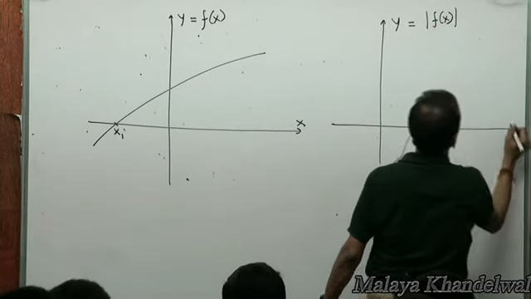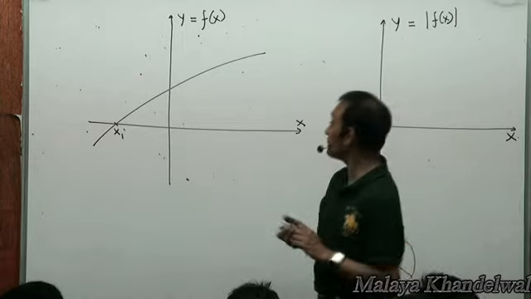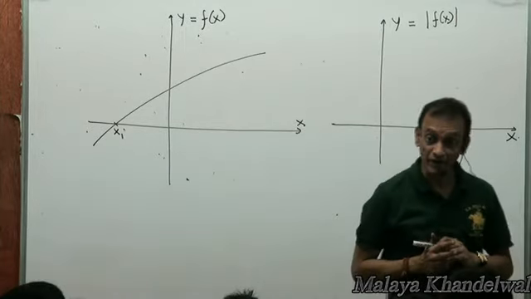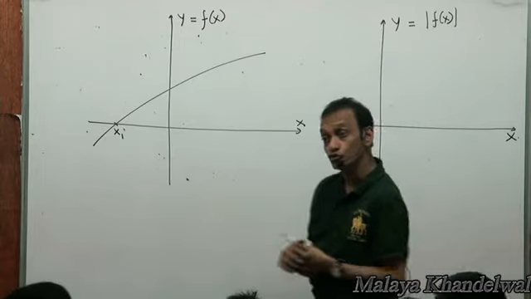I now want to be able to draw the graph of y equal to mod of f(x). Given the graph of y equal to f(x), I wish to draw the graph of y equal to mod of f(x).